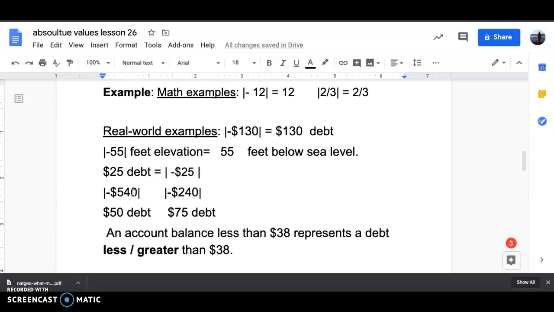So the absolute value of 540 is 540, and the absolute value of negative $240 is $240 debt. So which one's greater? There you go.